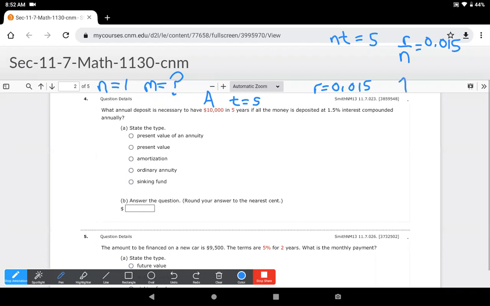And then also note to self that 1 plus R over N is 1.015, right? When we divide by 1, then we get these simpler terms. So I'm just going to use the simpler terms when we fill out the formula, but what formula are we going to use, right? So they're asking us how much we need to deposit.